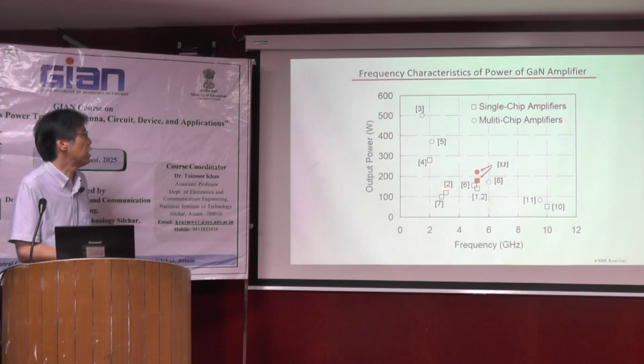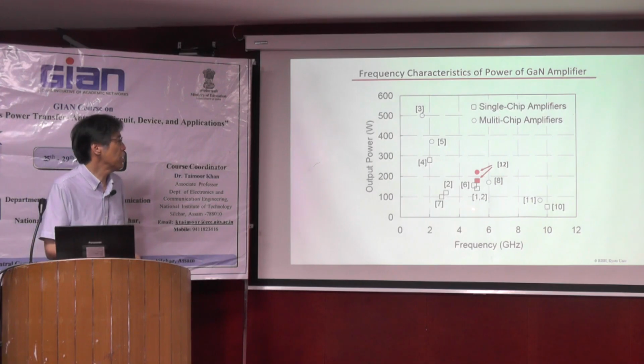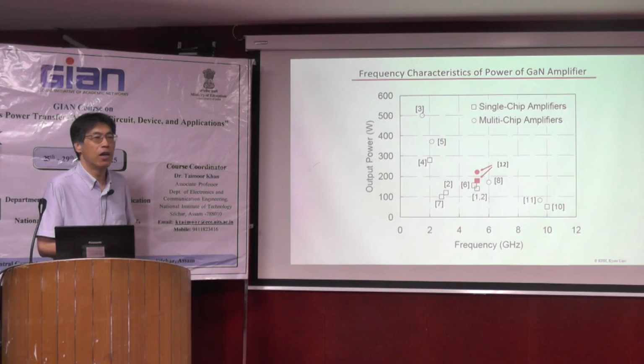This is the relationship between frequency and output power of gallium nitride amplifiers. Here you can see we mainly use 2 GHz or 5 GHz for WPT business now. This data is a little old, about 5 or 10 years ago, and we had already reached over 500 watt amplifiers at around 2 GHz.